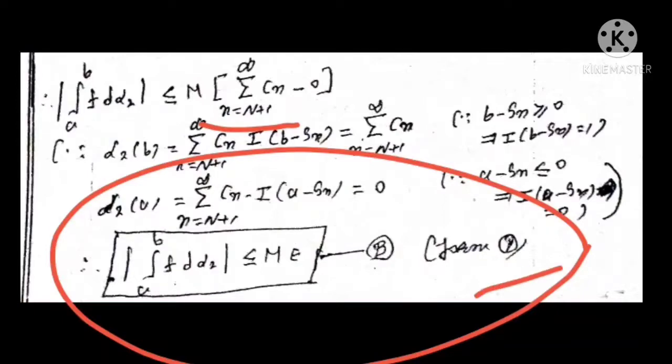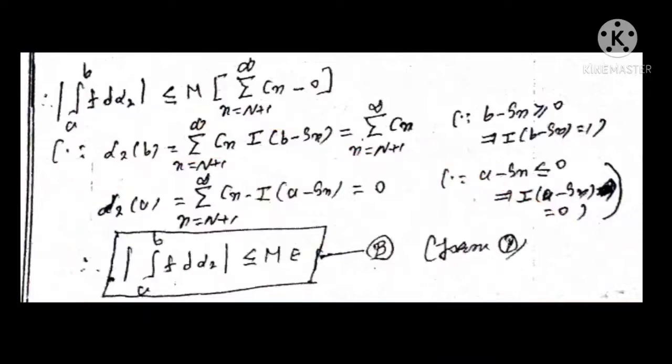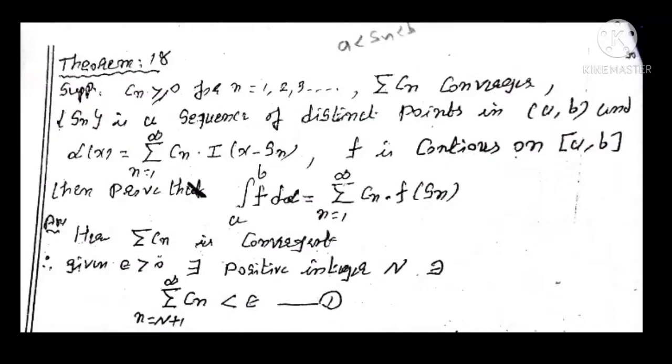Therefore, the sum from n equal to N plus 1 to infinity of Cn is less than epsilon.